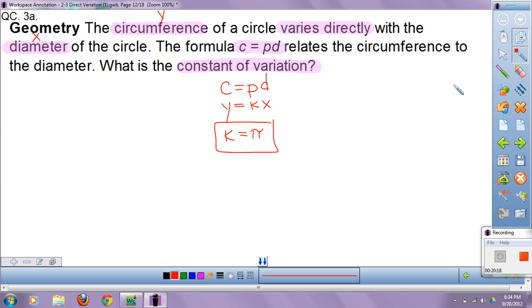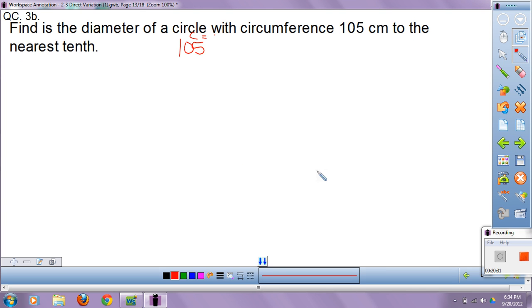Sometimes things are so simple you screw them up. Right, so this p just stood for pi. Of course, that's the formula for circumference: circumference is pi times diameter. Makes sense. So that's your k. Your k is pi. So your circumference is pi times your diameter. If you know your circumference is 105, we can find our diameter. The opposite of multiplying by pi would be to divide both sides by pi.